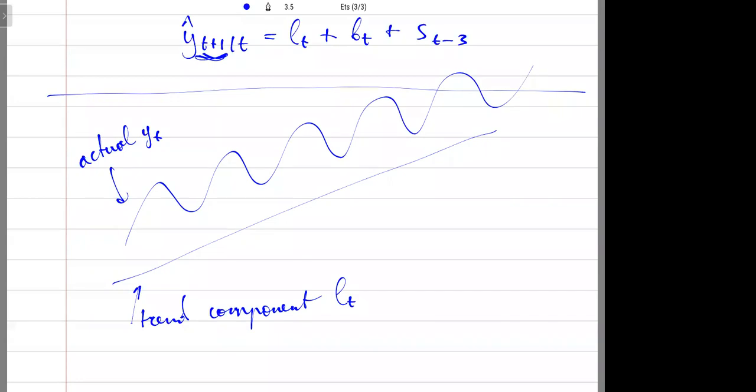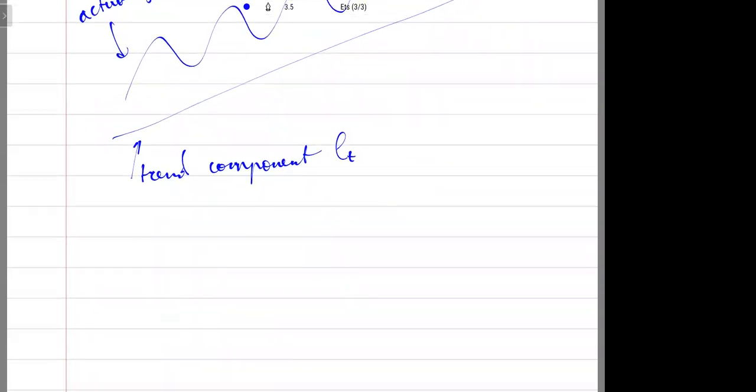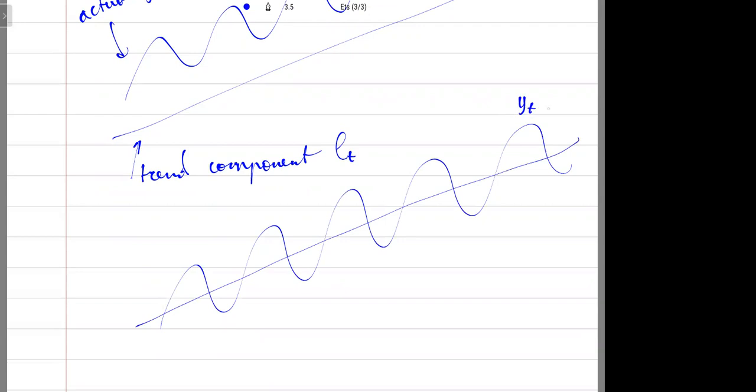Yeah, agree. To have something interpretable, your indicator changes, and this is YT and this is LT. So sometimes the seasonal effect should be positive, sometimes negative.